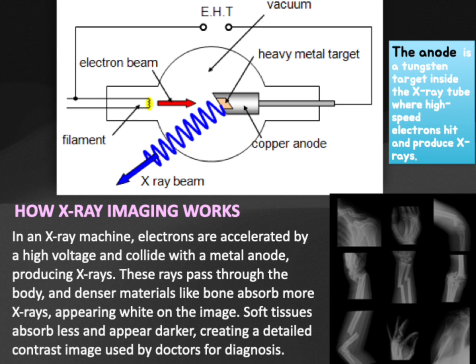These rays pass through the body, and denser materials like bone absorb more X-rays, appearing white on the image. But the soft tissues absorb less and appear darker, creating a detailed contrast image used by doctors for diagnosis.